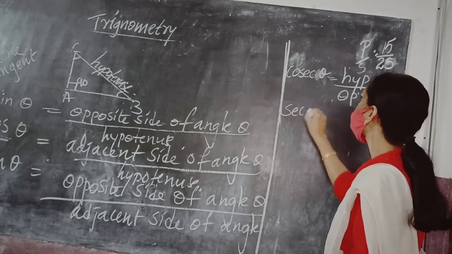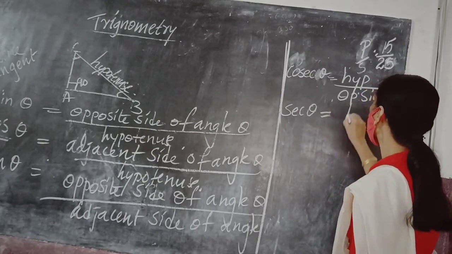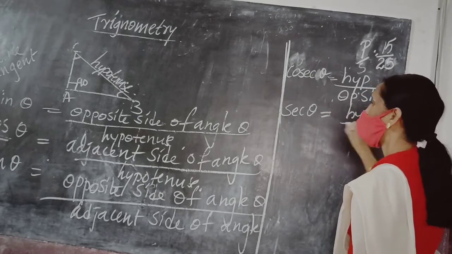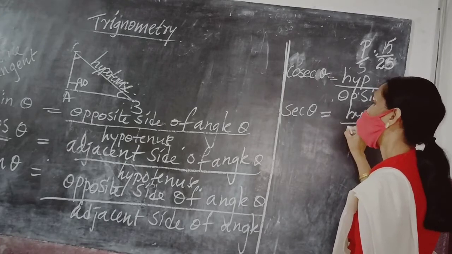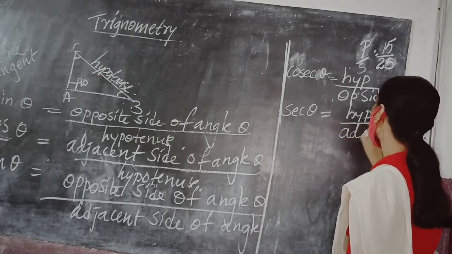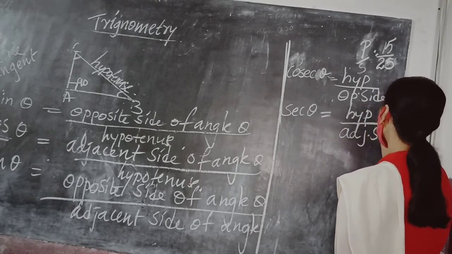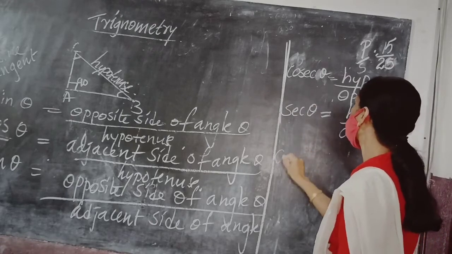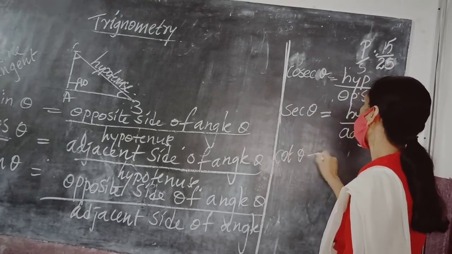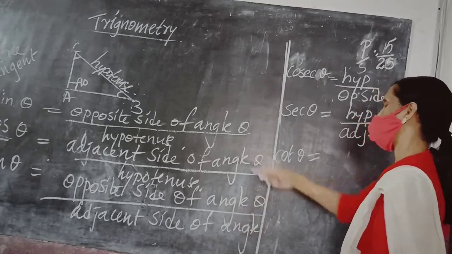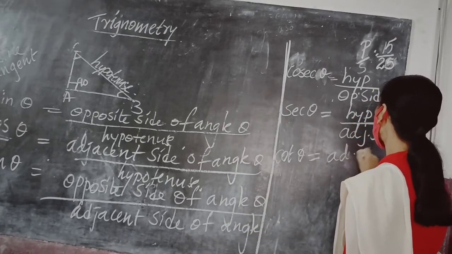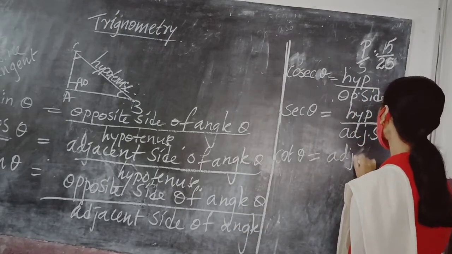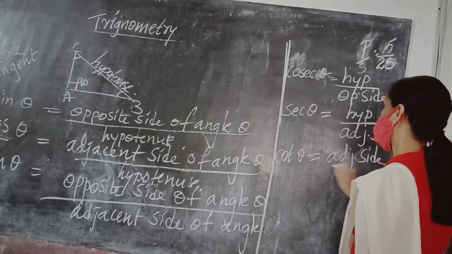What is sec theta? Hypotenuse by adjacent side. Next, cot theta. It's a reciprocal. That means adjacent side by opposite side.